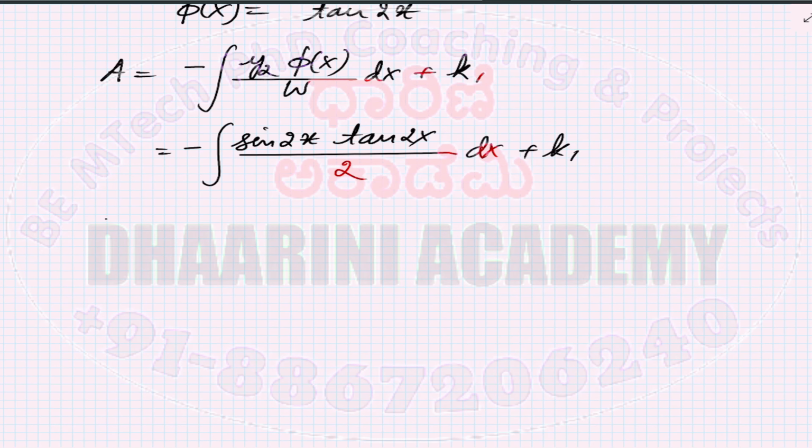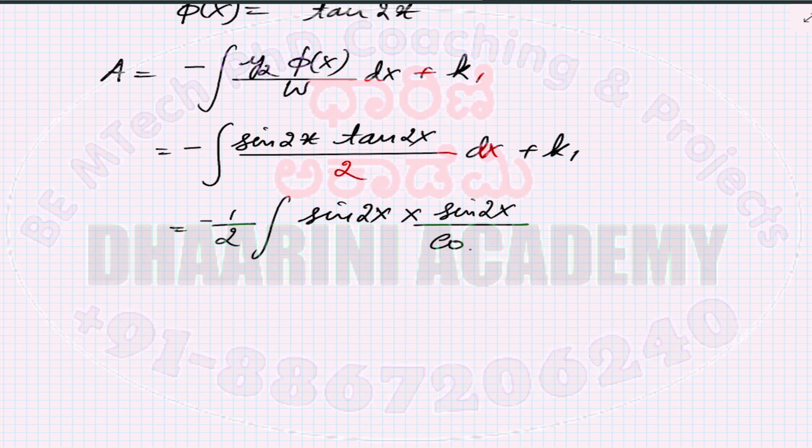All right, so this is equal to, let's make it like the previous problem, I'll take a minus half outside. So this is sin 2x into tan 2x, which is sine by cos, so sin 2x by cos 2x dx plus k1.